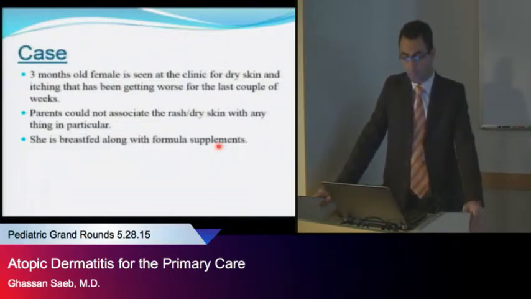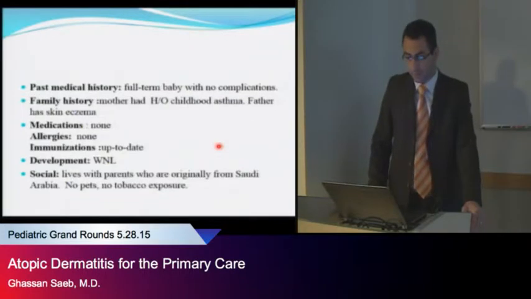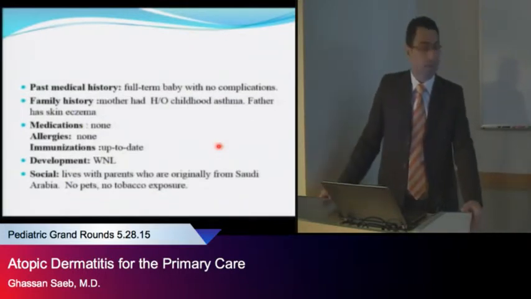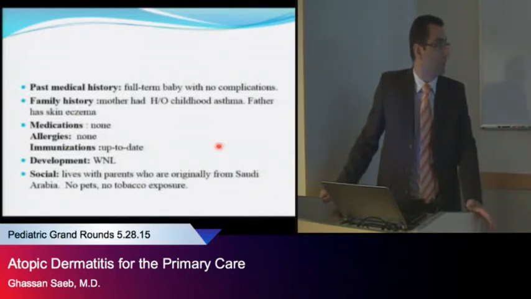She was a breastfed baby along with some formula supplement. Past medical history: she was full term with no complications. Family history is significant for mother having a history of childhood asthma. Father has skin eczema. She was not on any medicine and had no allergies. Immunization: she had the 2-month shots.